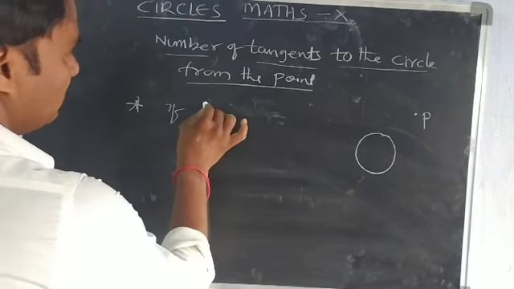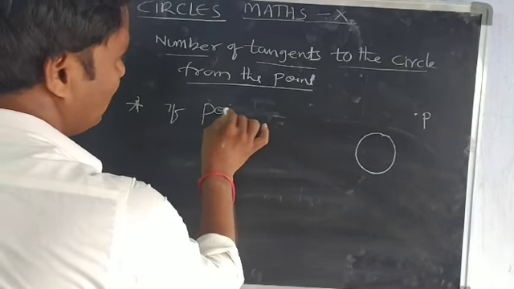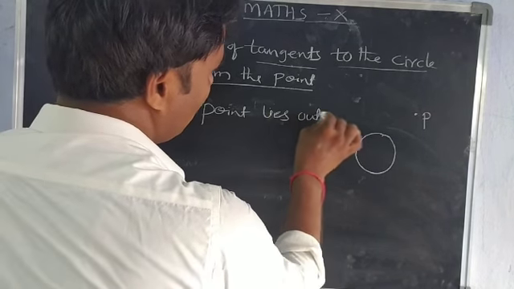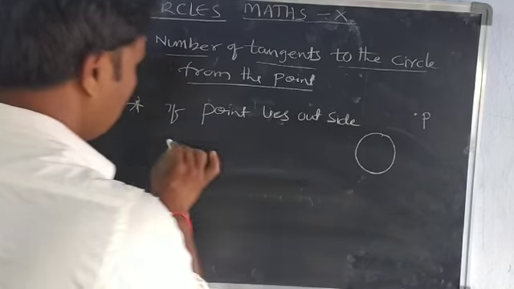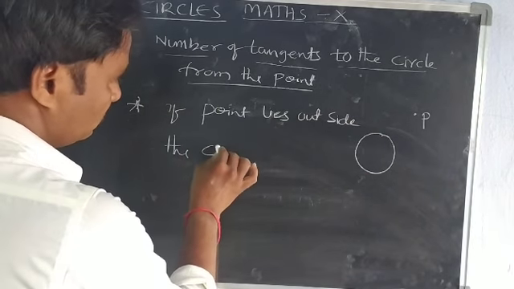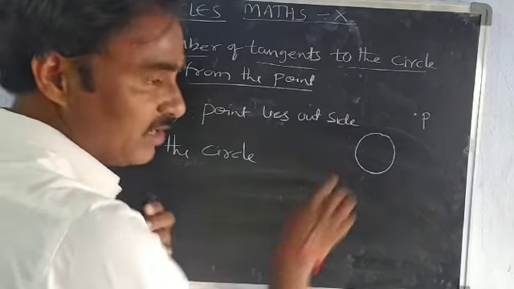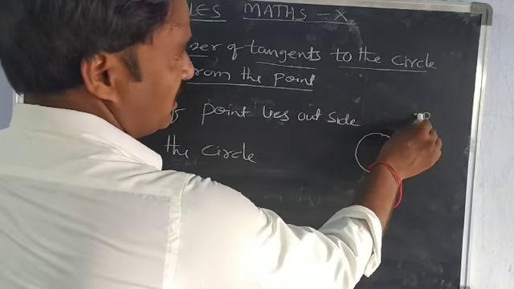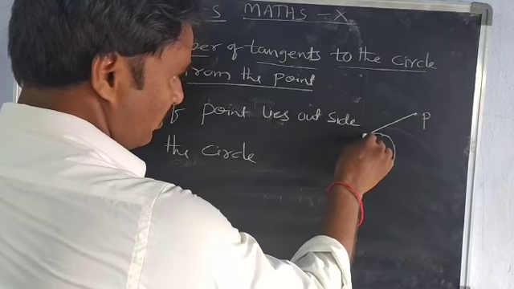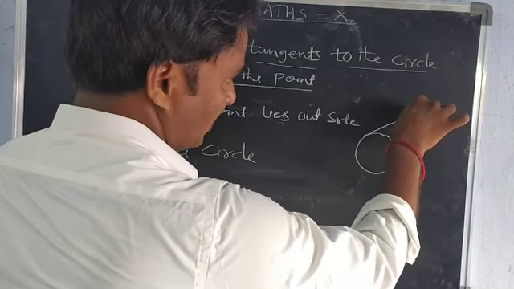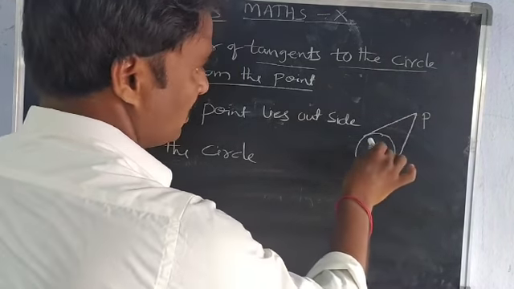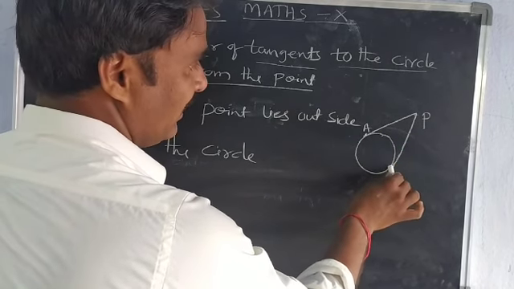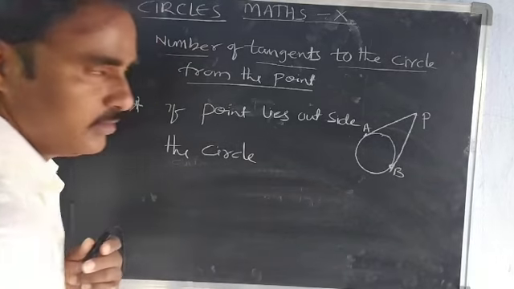If the point lies outside the circle, I am going to draw the tangents from this point, like this one tangent, and through the same point, like this one tangent is possible. Here the tangent touches the circle at point A, here touching at point B.